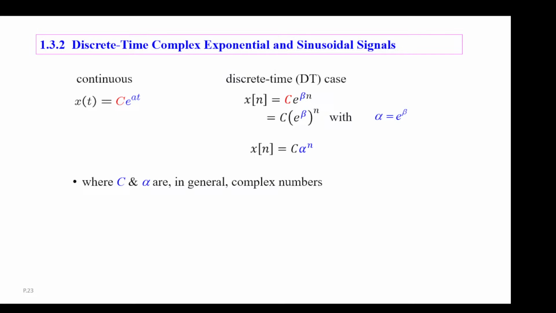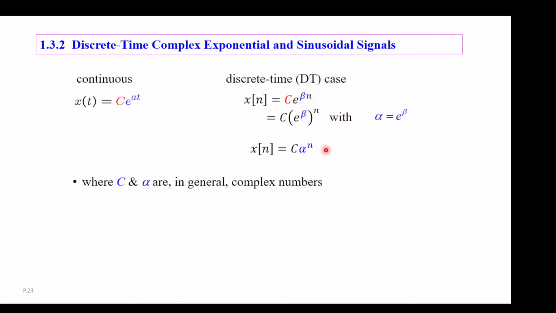Okay, so discrete time complex exponential and the sinusoidal. They are a bit similar to the continuous time, but we are going to see different parts. So one thing we'll do a lot with discrete signals is this. In continuous time we say c to the at, and in discrete time we have c to the beta n.